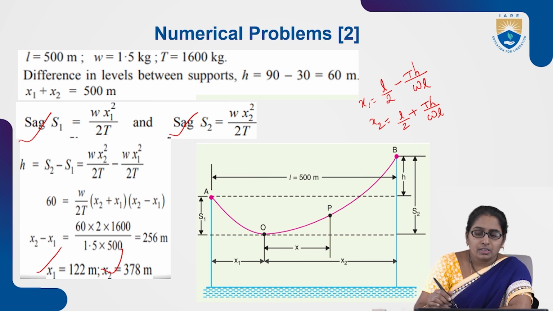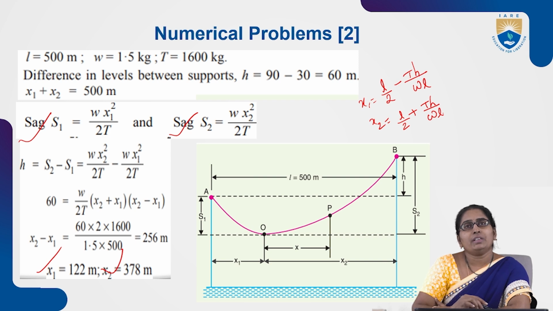Here we substitute the given data in these expressions. L is the span length, T is the tension in the conductor, h is the difference in levels between the supports, W is the weight of the conductor, and l is again the length of the span.